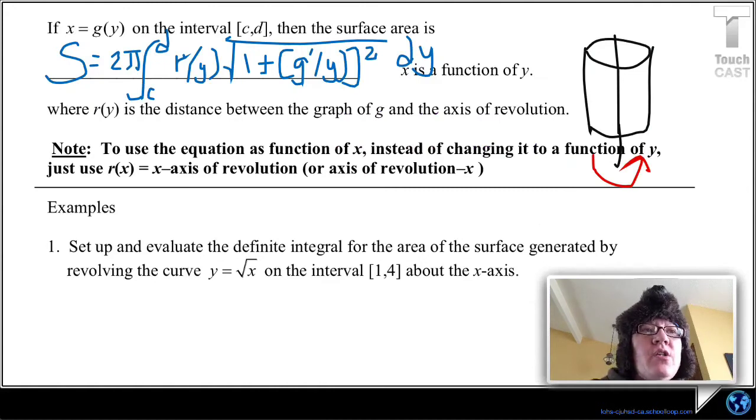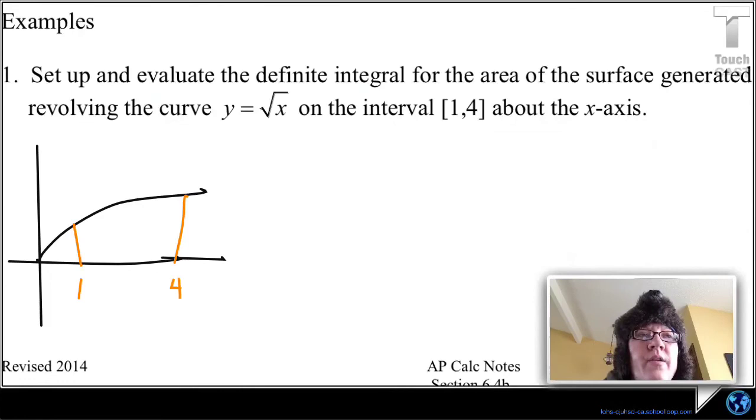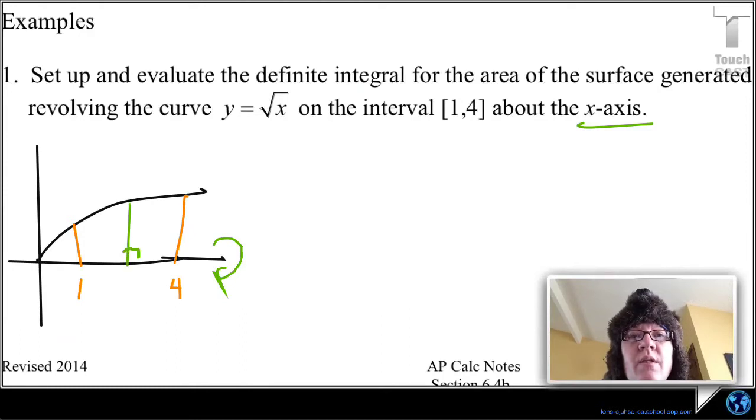And of course, if I change it so that I'm spinning about the y-axis, then all of my variables need to be in terms of y, including my radius, which this time would be perpendicular to the y-axis. So in this particular problem, I'm spinning about the x-axis, so I would draw my radius perpendicular to the x-axis, which means I'm integrating with respect to x.